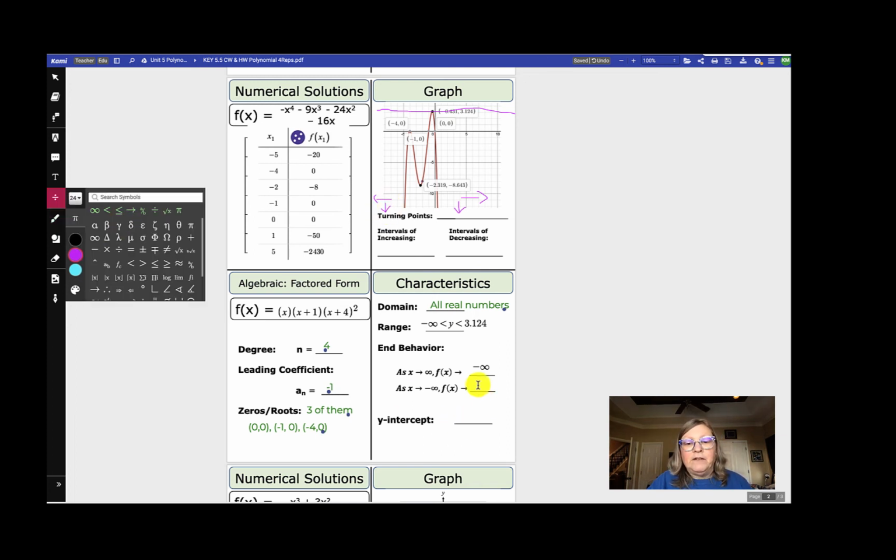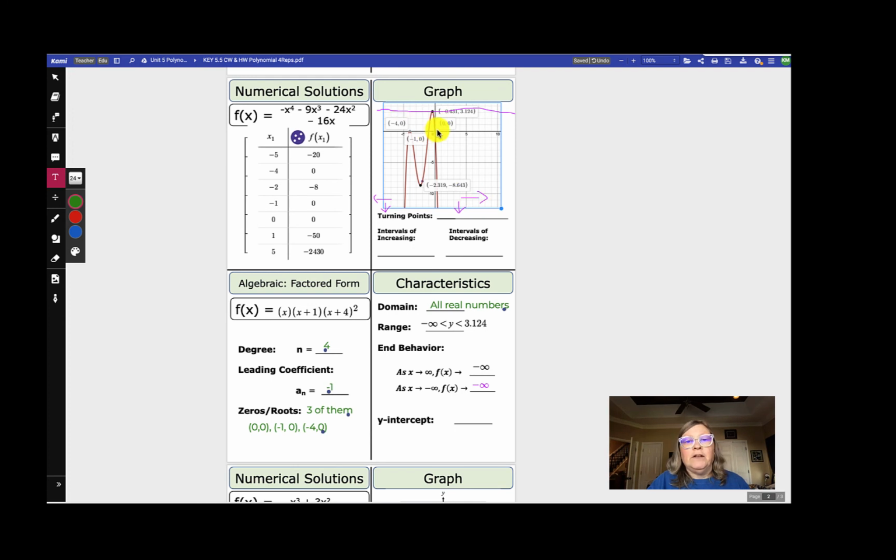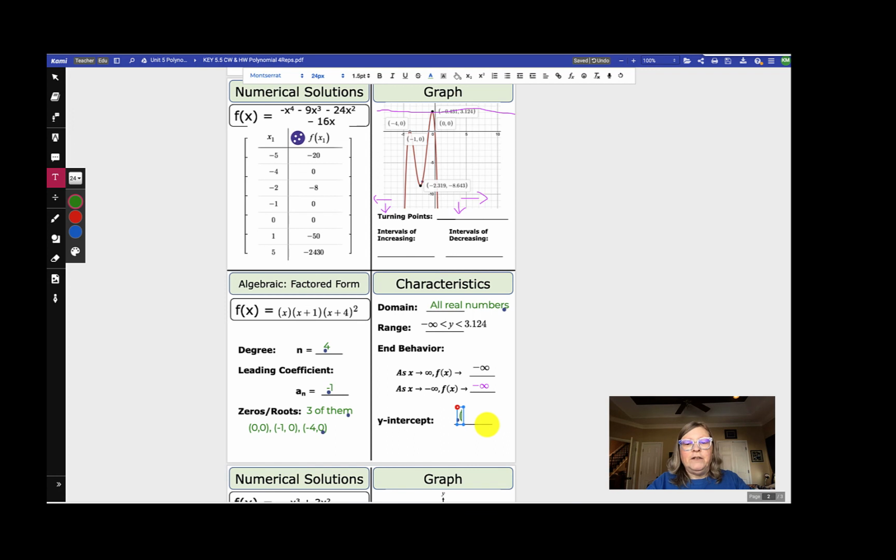And so as x approaches minus infinity, f of x also approaches minus infinity. So that's our two end behaviors. And then a y-intercept. That is the place that crosses the y-axis, or it's always the place where x equals 0. In this case, 0, 0.